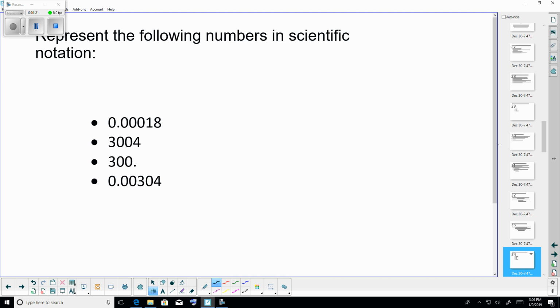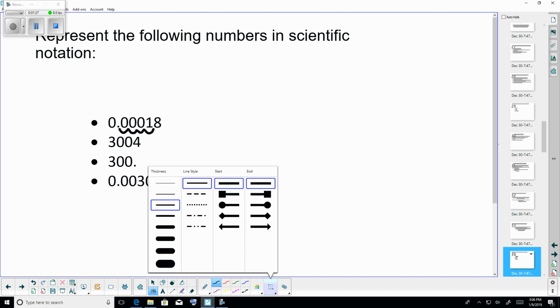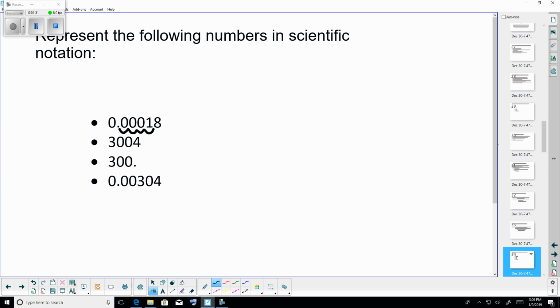So we're going to move the decimal point over. 1, 2, 3, 4. So we get 1.8 times 10 to the minus 4. Second one, what would it be?